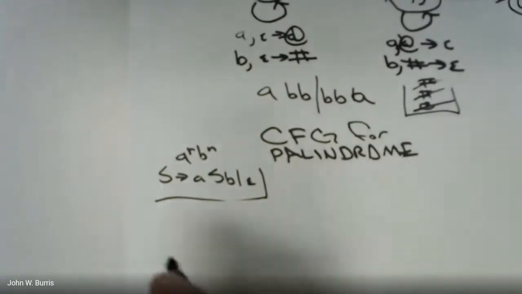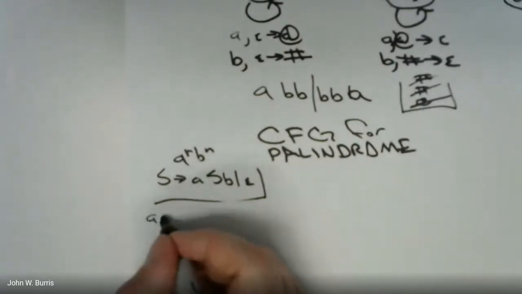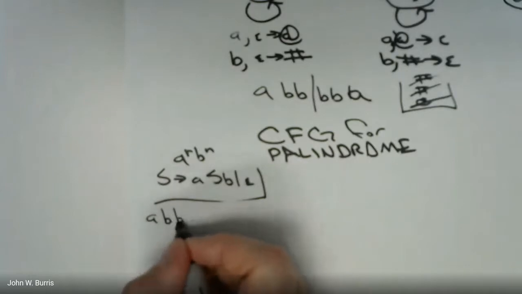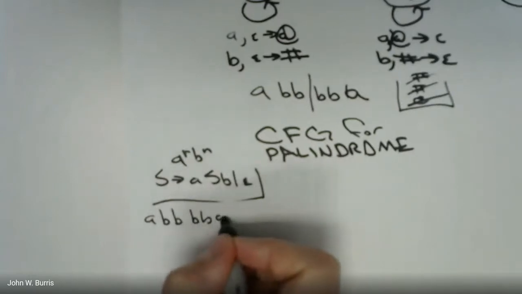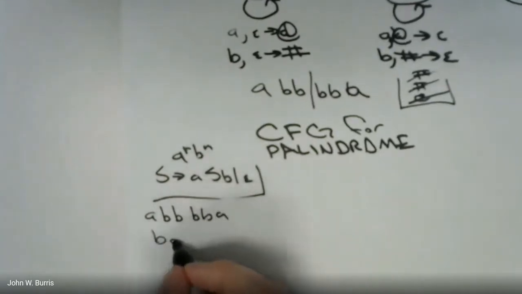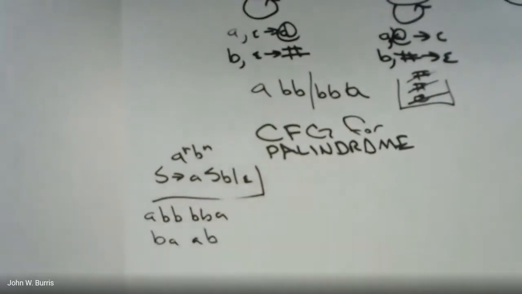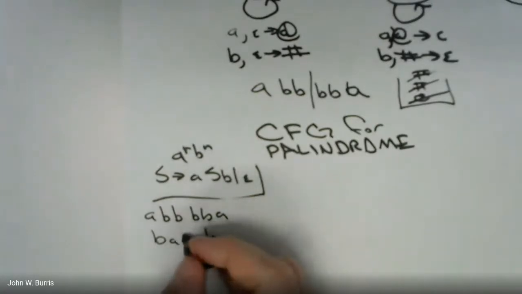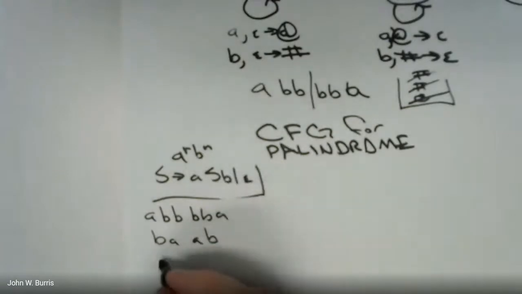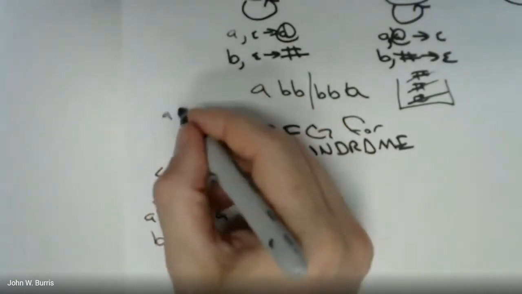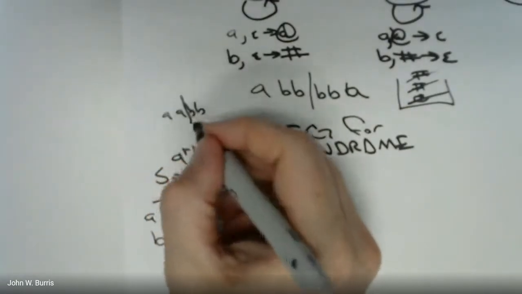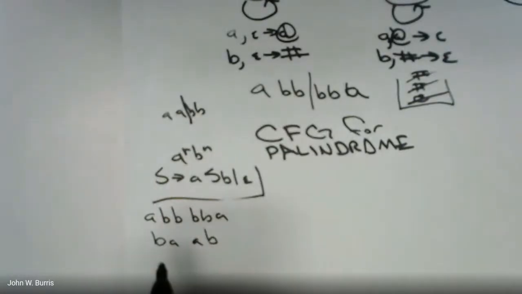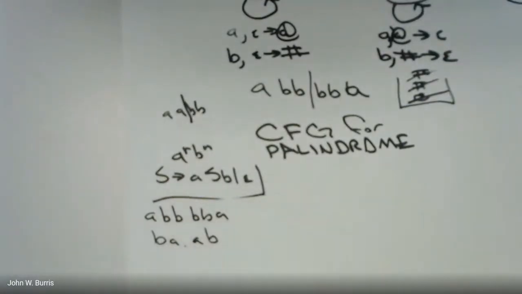Trying to understand this problem: A, B, B, B, B, A, B, A, B. I'm looking for a pattern, just like with A to the N, B to the N, where we were looking at the middle. Same middle things going on here.